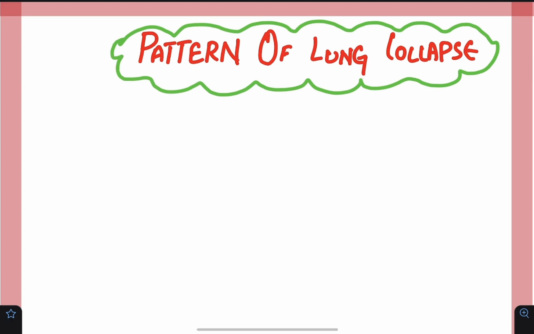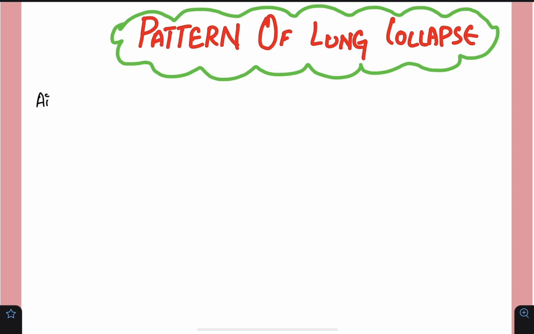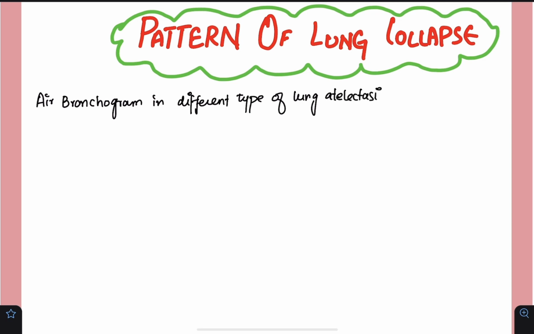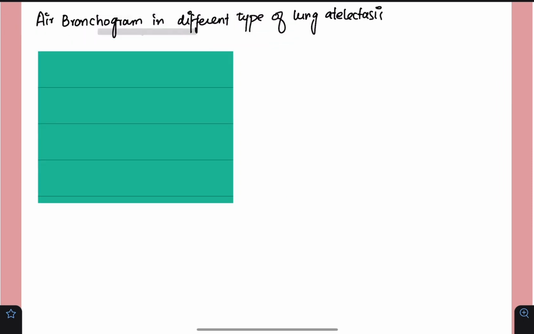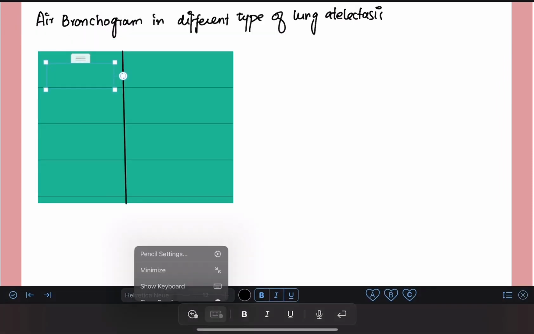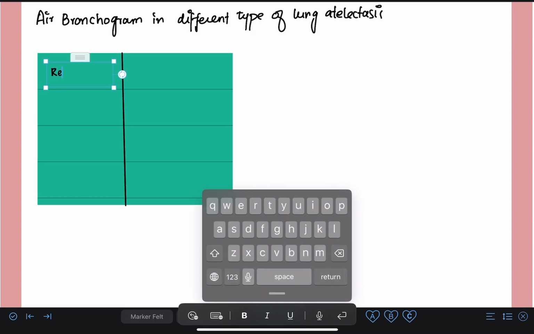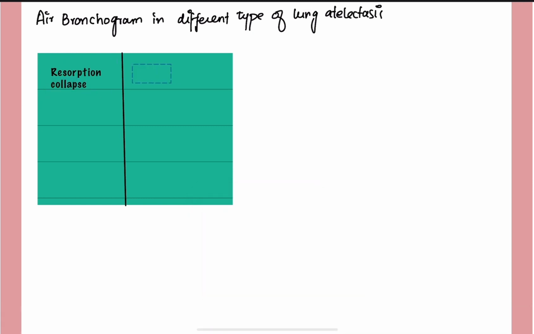Today the topic is patterns of lung collapse. Air bronchogram in different types of lung collapse occurs as follows. In resorption collapse, it will not be seen.